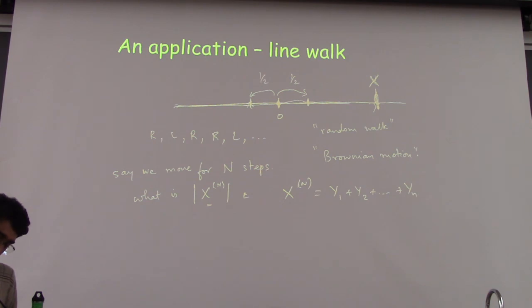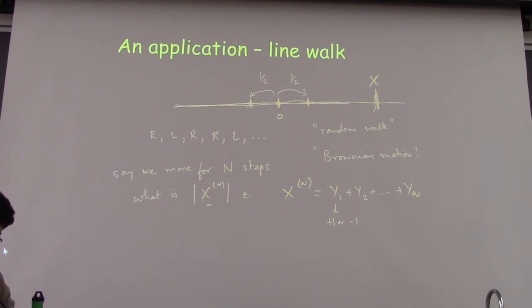Each one is an independent random variable that is plus or minus 1. This is very similar to what we had before. Earlier we had 0, 1 variables, now we have minus 1, 1 variables. But it's the same notion, right? You still either move left or right. So this is how you can write this.